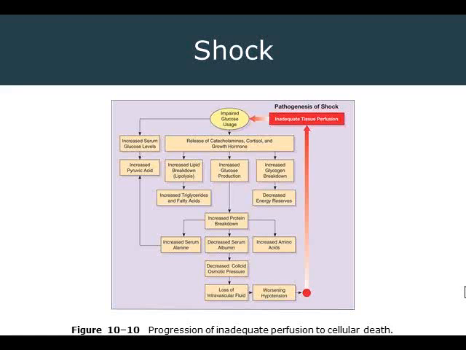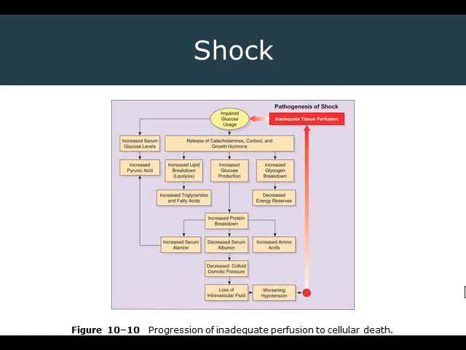For whatever reason that is, we'll discuss that in a little more depth in the upcoming slides. But when we have inadequate tissue perfusion, that means we're not getting good sugar and oxygen and potentially even water to the cells, which leads to an impaired glucose usage, which is going to do a couple of things.